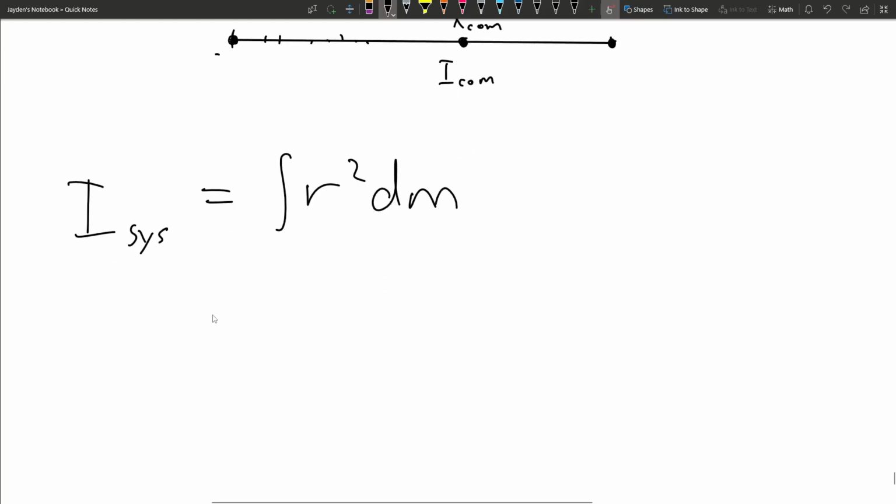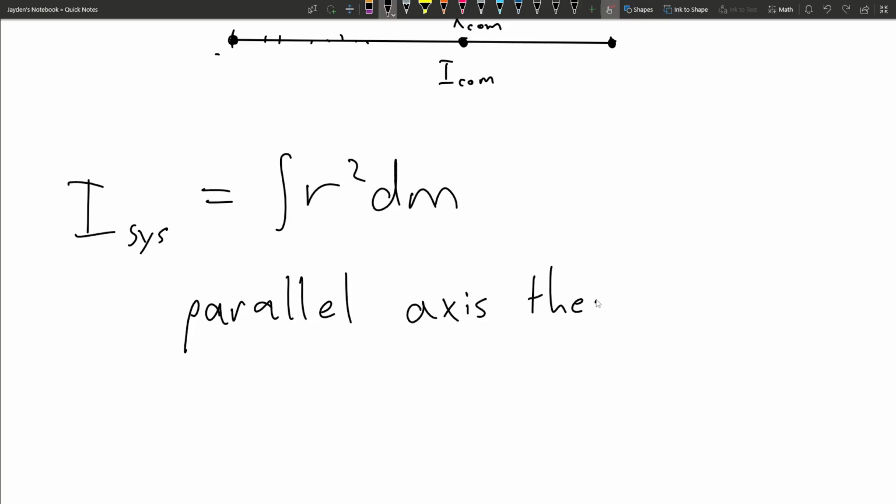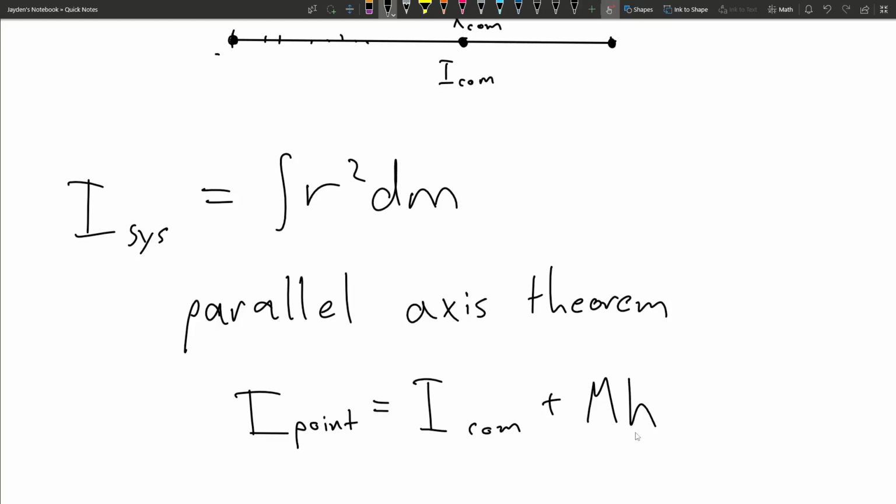The parallel axis theorem states that the I about an axis parallel to the center of mass axis is equal to the I center of mass plus the mass of that object times the distance from the point you're choosing, squared.